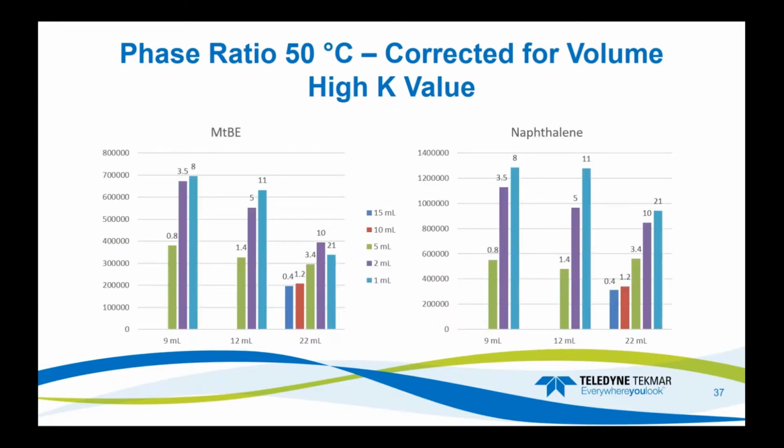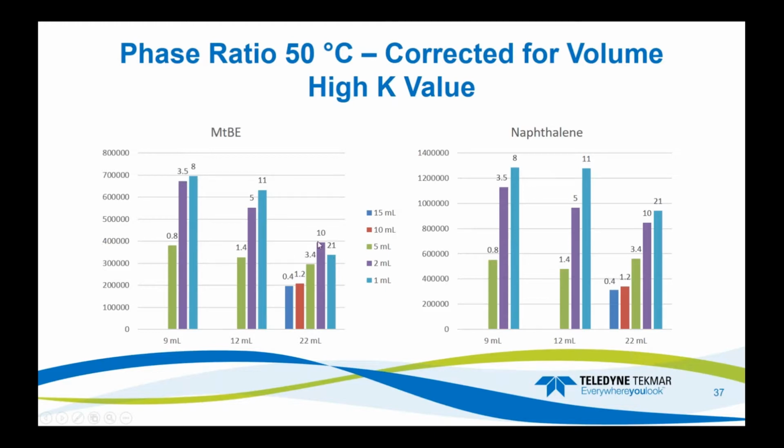Pulling out the MTBE again and the naphthalene, we see that for a 1 mil sample in the 9 mil vial, if that's all the sample I would have, it would be better to use a 9 mil vial over the 22 mil vial. But again, with a higher partition coefficient, you don't get that significant increase in peak area that you see with the lower partition coefficient compounds.